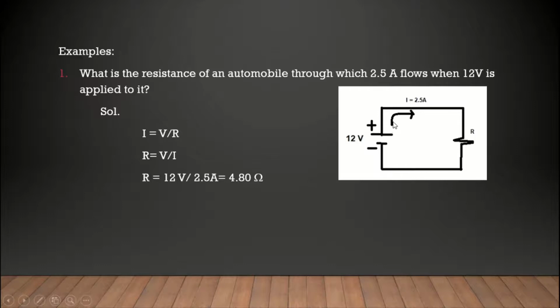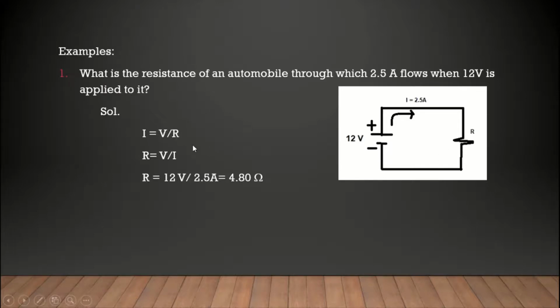This arrow here, the direction is towards right, or the direction of the electric current is clockwise. This arrow implies the direction of the electric current, and this one is the resistance.